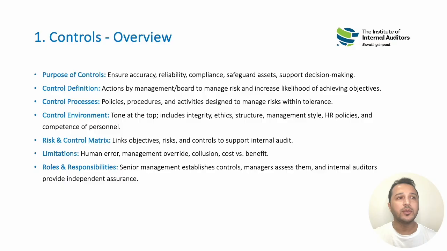For example, you would ensure that there is a responsible person who is taking care of the petty cash. That person's background check has been done. There is a review and approval process for petty cash. All the petty cash reimbursement is done based on providing the original receipts for reimbursement.